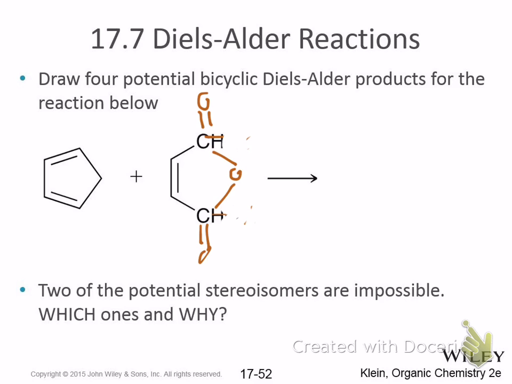And when this ring forms, I think the simplest way to draw it is like this, by the way. Oh, sorry, that's not a double bond oxygen. Let me start over again.